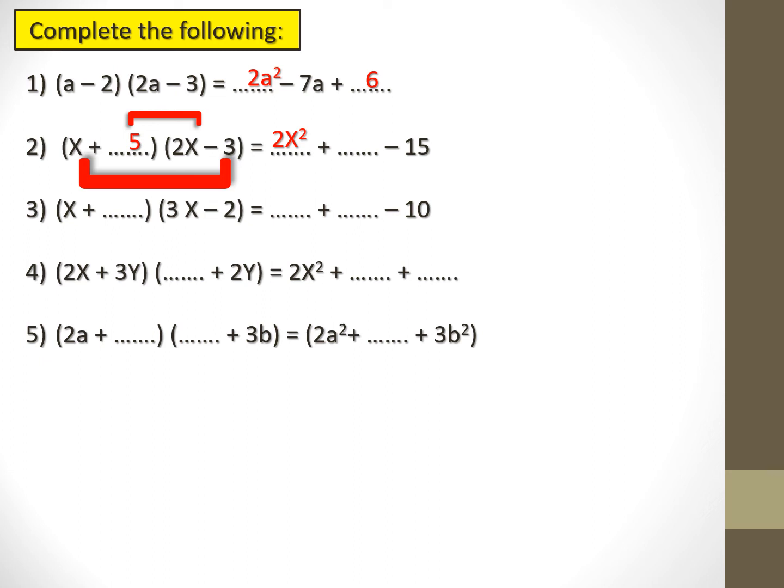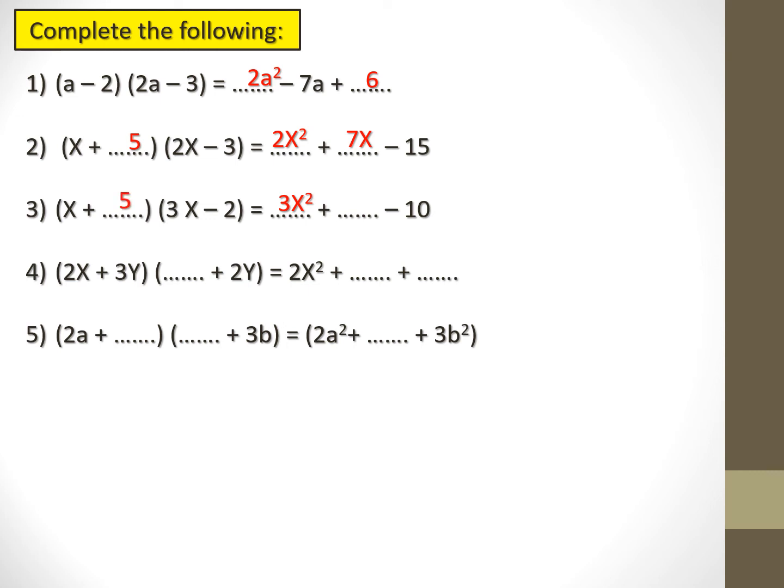If we add 10x minus 3x equals 7x, it will be 7x. Another example, x plus space times 3x minus 2. It will be x times 3x equals 3x power 2, and the second term times negative 2 equals negative 10, it will be 5.